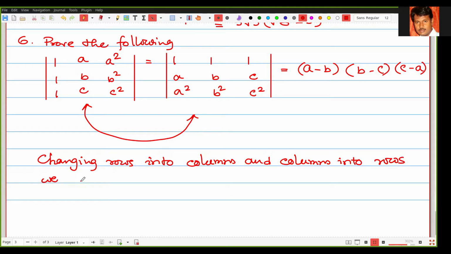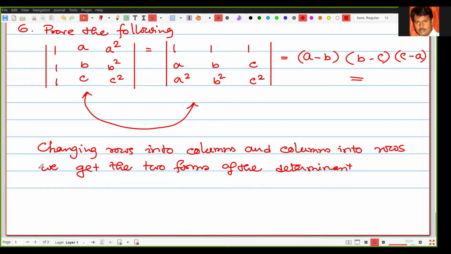So we get the two forms of the determinant. So we can say these two determinants have the same value. Now for the third part, that means the two determinants are equal to that one.